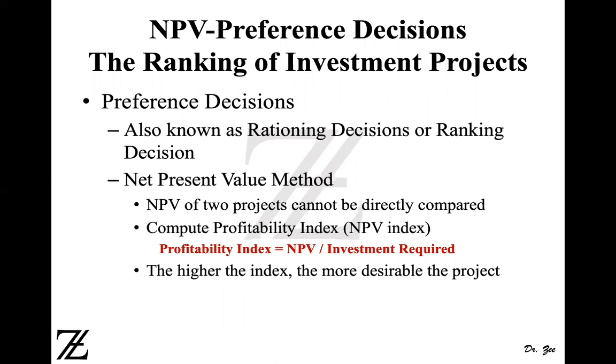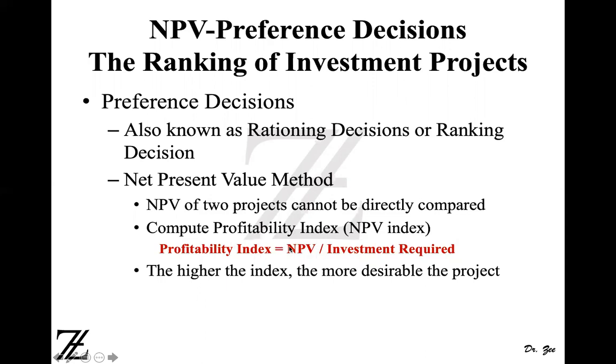And if you have to rank those projects, or the investment decisions, then you have to use NPV index. You cannot use just NPV for preference decisions. For preference decisions, you have to calculate NPV index, also known as profitability index. So how do you calculate the profitability index?